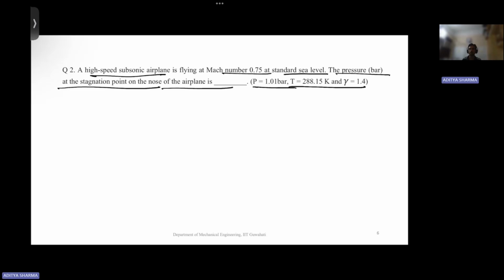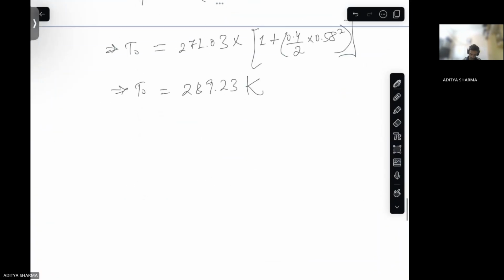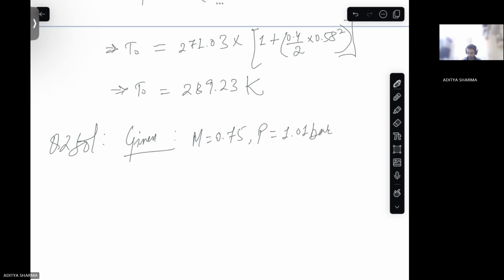We can calculate this. Given to us is Mach is 0.75, pressure 1.01 bar. Temperature is 288.15 Kelvin.